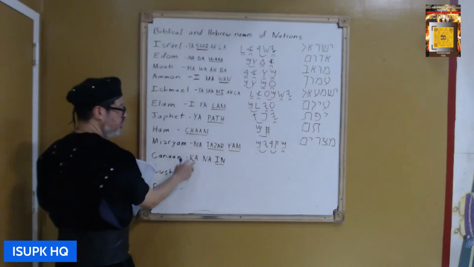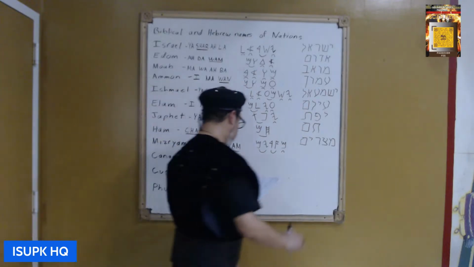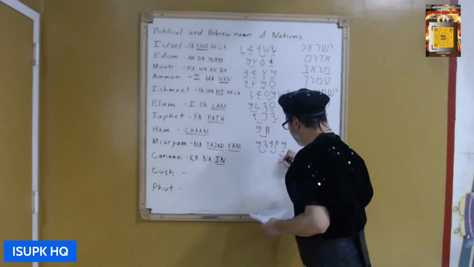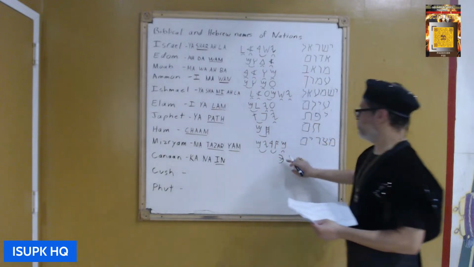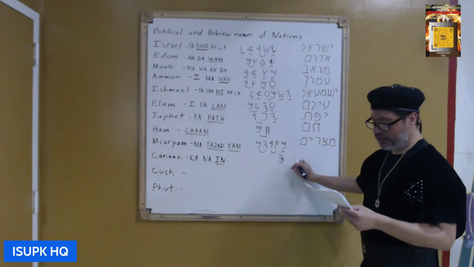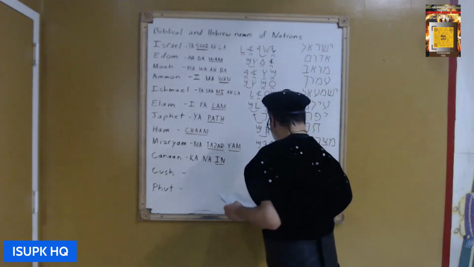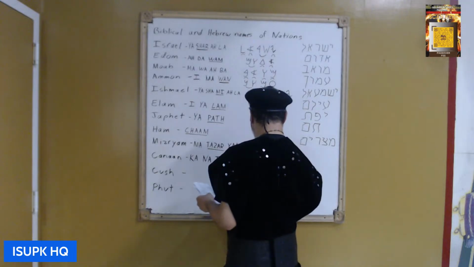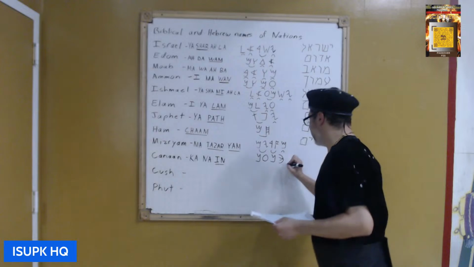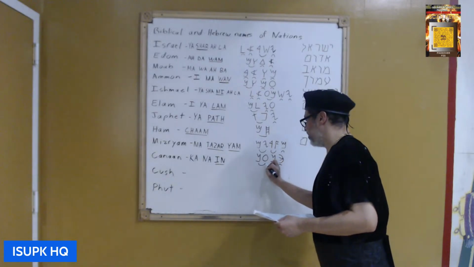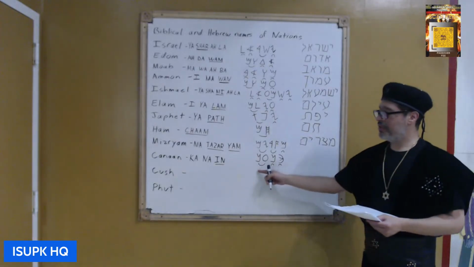Two different characters, two different sounds. The Ka looks like a backwards K with a half circle, like a K flipped around. Ka, Na, Ain. Ain is the circle. So this will be Ka, Na, Ain.